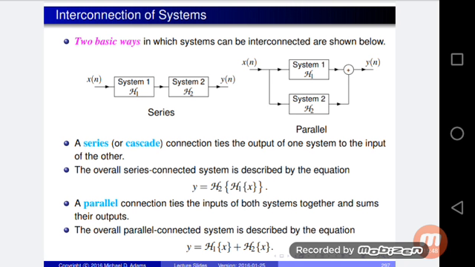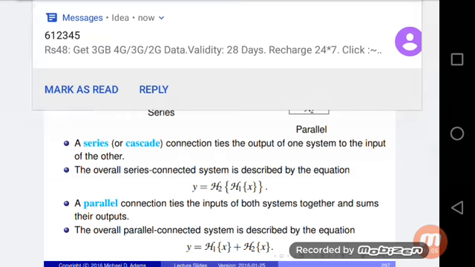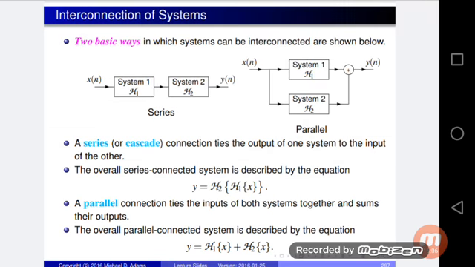So when we are calculating the output function of the parallel system, it represents y equals system 1 plus system 2.